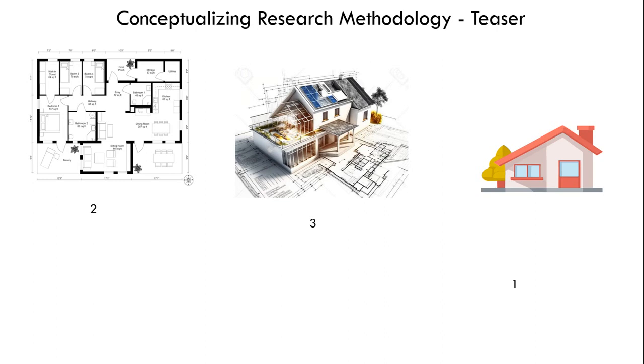In other words, your concept of the house, in this case of research methodology, is your topic, your model is your design, and of course, the implementation is the method that will be used going forward.